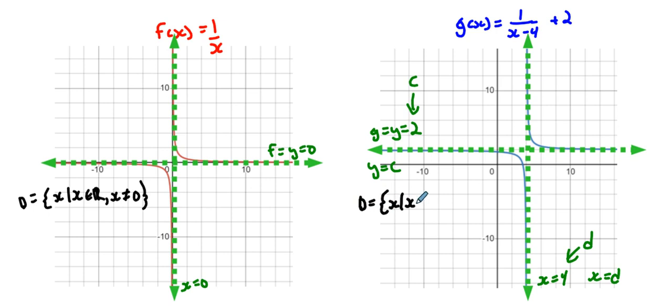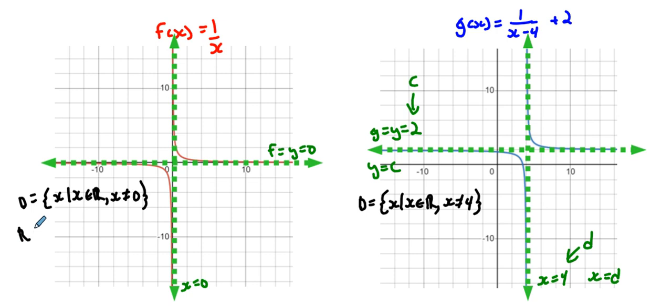We still have a restriction on the x value. It's an element of the real numbers where x can now not equal 4. And if x is 4, you can see the denominator becomes 0 and the function becomes undefined. But this 4 value is that d value that we saw. So not only does it apply now shifting the asymptote over, but of course that results in the restriction change.